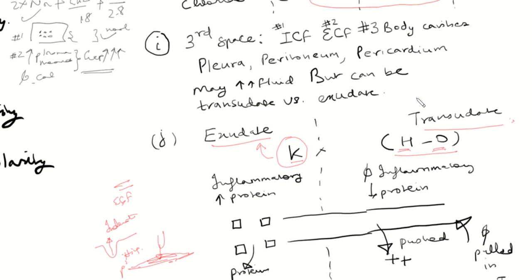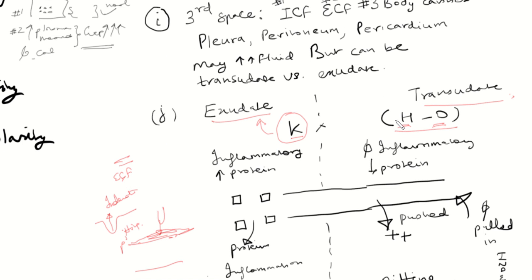If it's in a third space, well, can you press on the peritoneum or the pleura or the pericardium? Not really. So what one has to do is tap that fluid or extract that fluid by doing pleurocentesis or pericardiocentesis. Pleurocentesis would be thoracentesis. Again, we go into these spaces, we get the fluid, and we analyze the fluid.